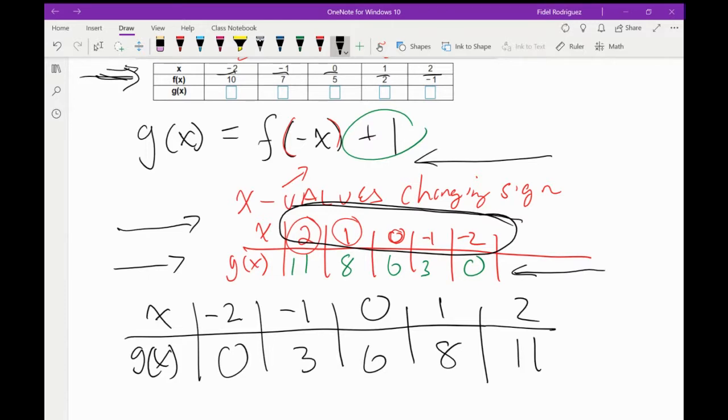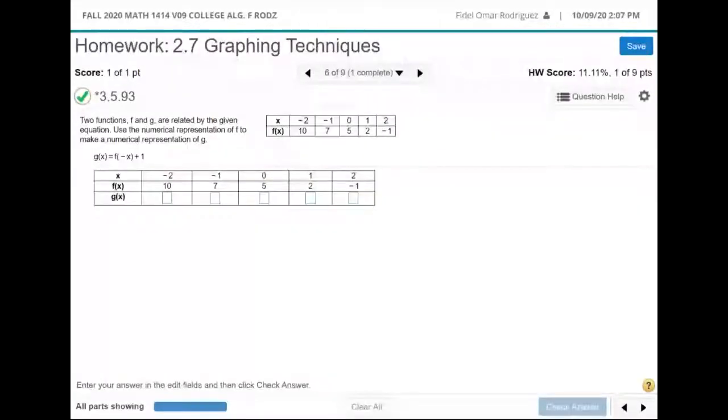Now I'm going to stop sharing this part of the screen with you. You remember the numbers we came up with? 0, 3, 6, 8, and 11, right? Okay, so now I'm going to share a different screen with you. Let's go to this one here. This is that same problem.